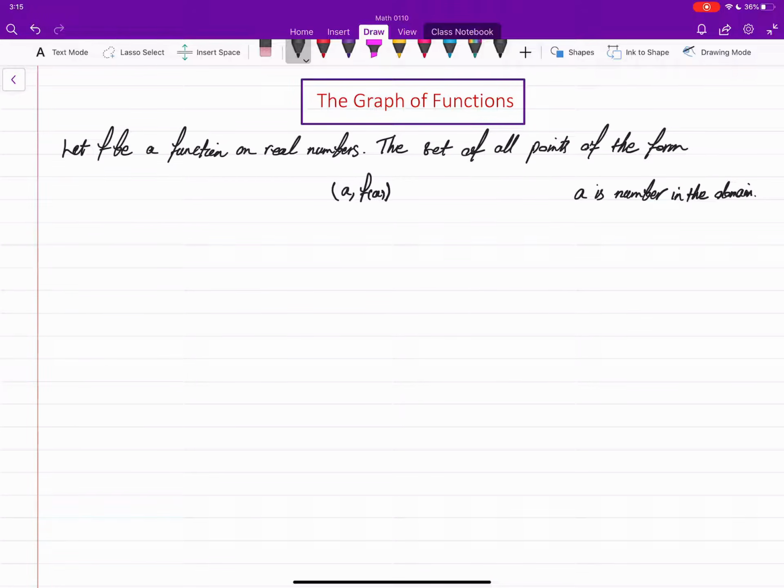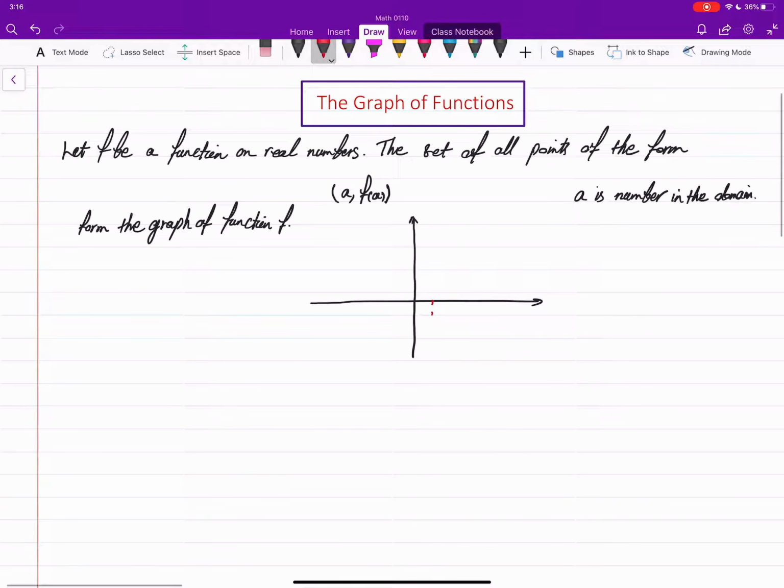Set up all such points form the graph of the function f. So you start finding all the points, meaning for all x's in the domain, for example, x equal to 1, you find the value of the function at 1, and then you find the value of the function at 2, and so on.